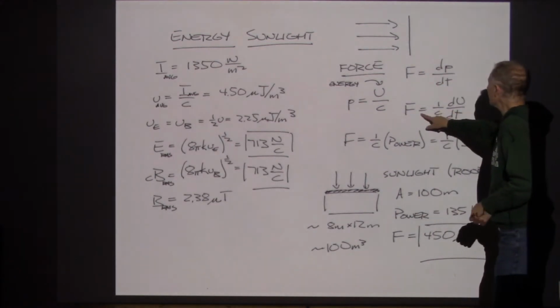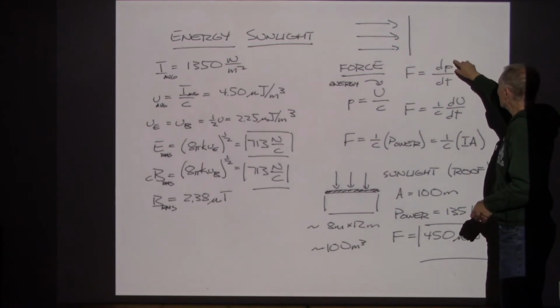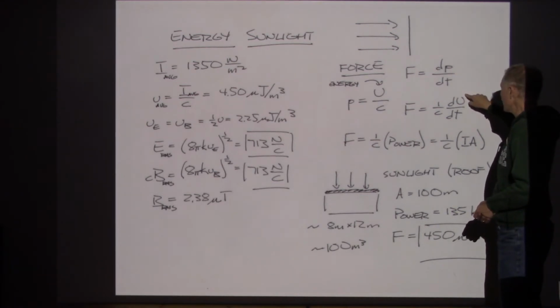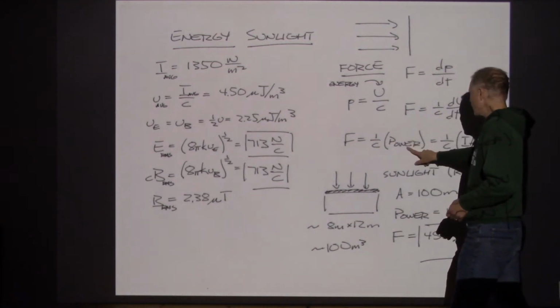And so the force can now be written as 1 over c times dU/dt. We've switched from writing this in terms of momentum to writing it in terms of energy. And that says the force can be written as 1 over c times the power.